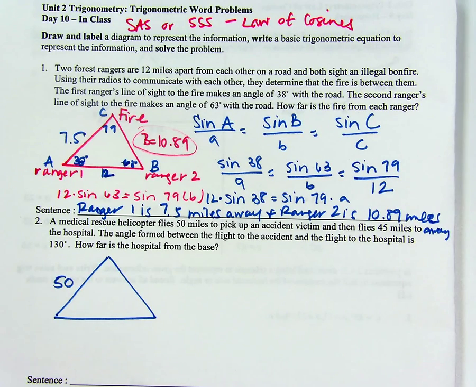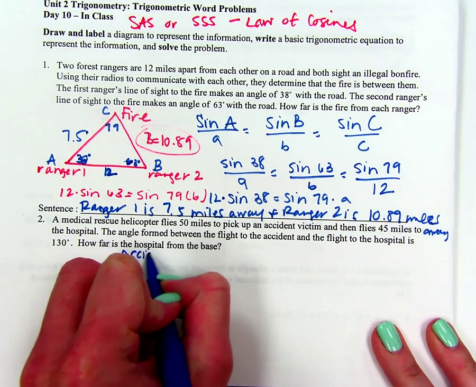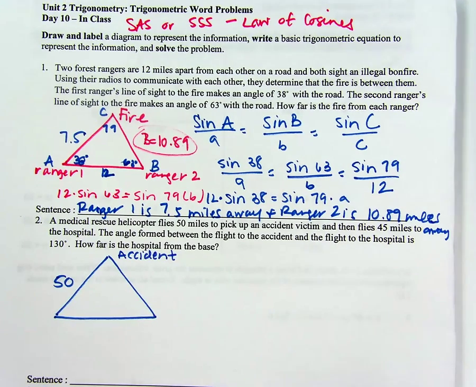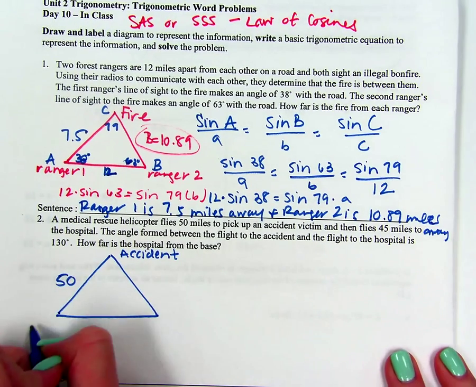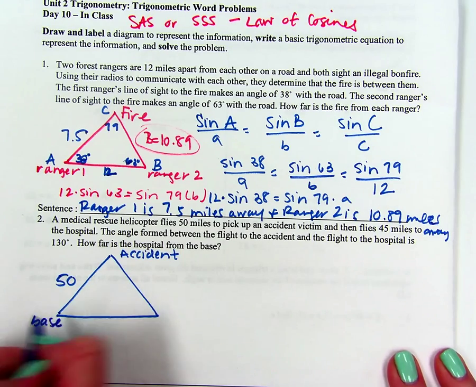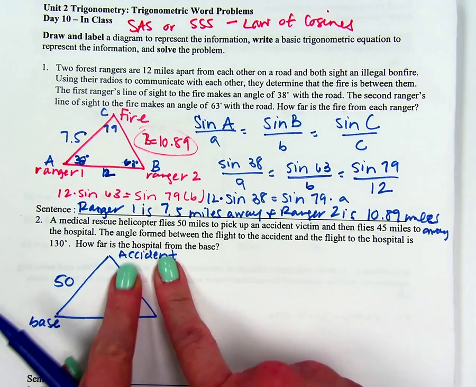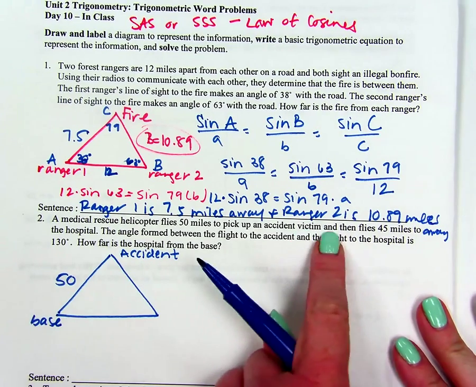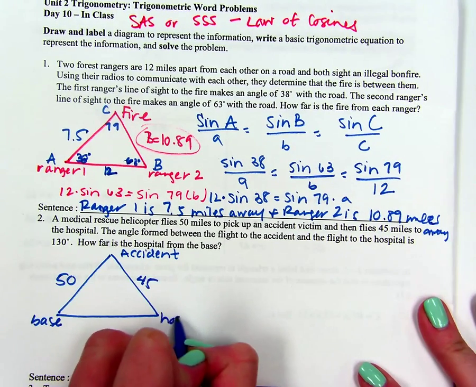And let's just say the accident is here. You can choose, again, whatever sides you want. This is where they started from, so we'll just call this the base down here. He flew 50 miles to the accident, and then he flies 45 miles to the hospital. So we're going to call this the hospital down here.